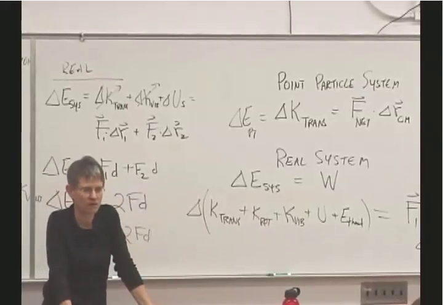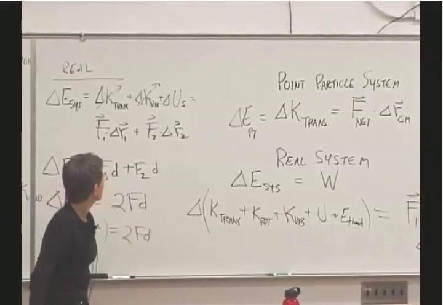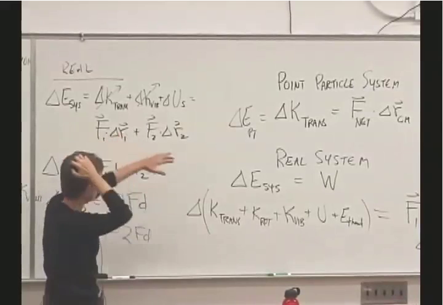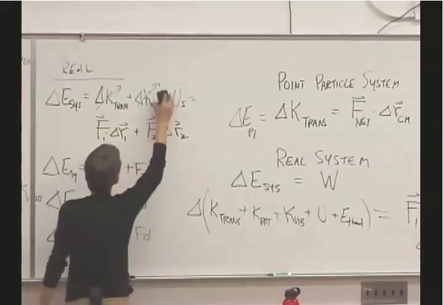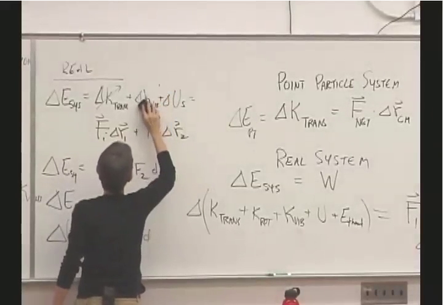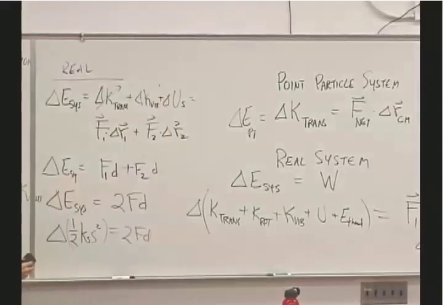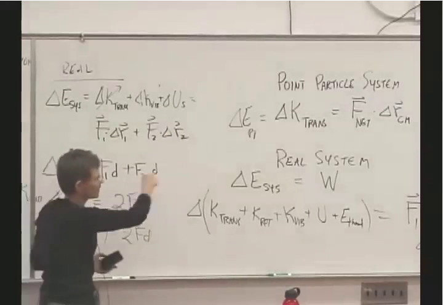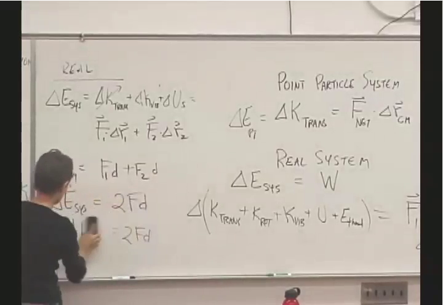Yes? Well, okay, we don't actually, sorry, good point. Where do we get K vibrational? We don't from the analysis. We happen to know that it's not vibrating, but in fact, you're absolutely right.